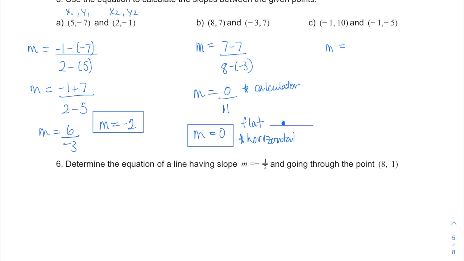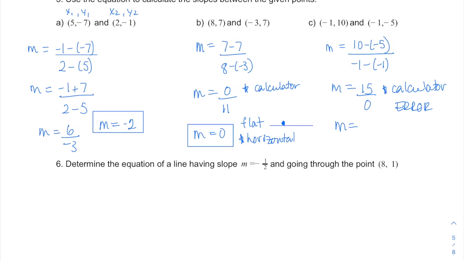So let's have a look at this last example, and I'll talk about another common mistake that gets made. So guys, when they look at this, their brain wants to trick them into thinking that the slope here is 0. But again, this is where your calculator comes in really handy, because your calculator will give you an error. And an error does not mean 0. An error means that your slope is undefined.